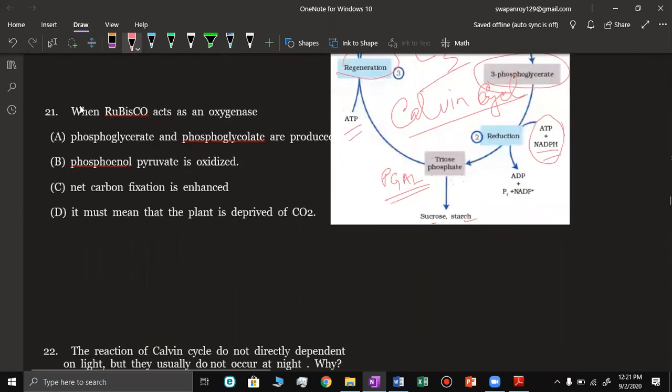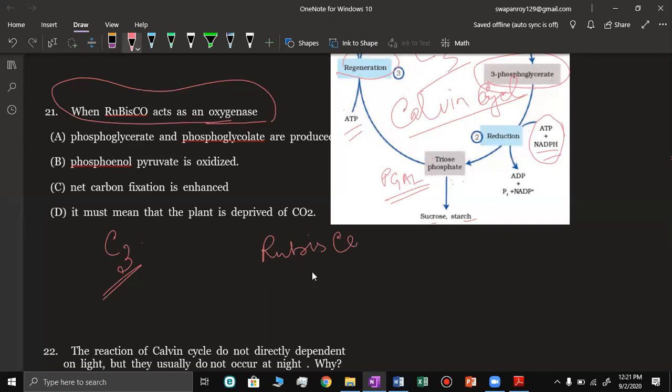Next question: when Rubisco acts as an oxygenase, what will happen? This is one of the important things with the C3 plant, which carries out the normal photosynthesis, where Rubisco is the enzyme. This Rubisco enzyme sometimes functions as an oxygenase, and it also functions as a carboxylase.